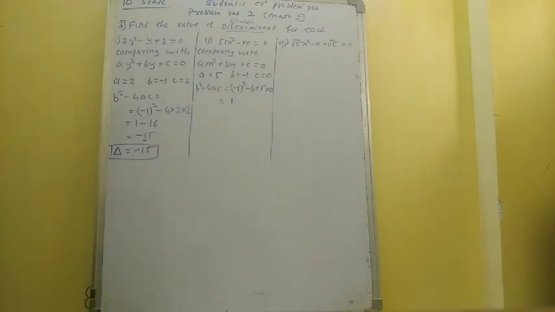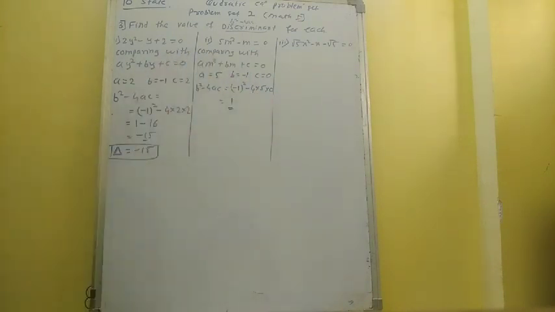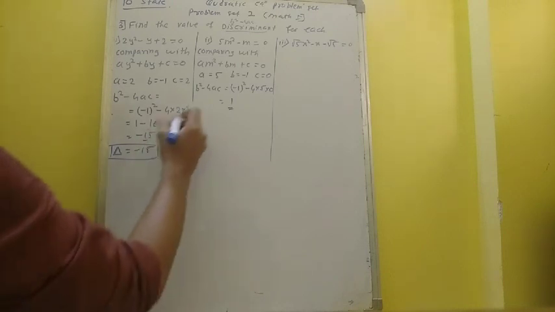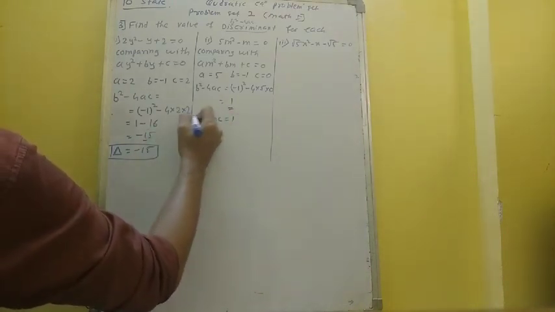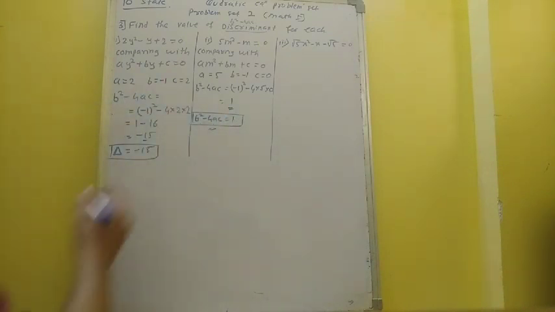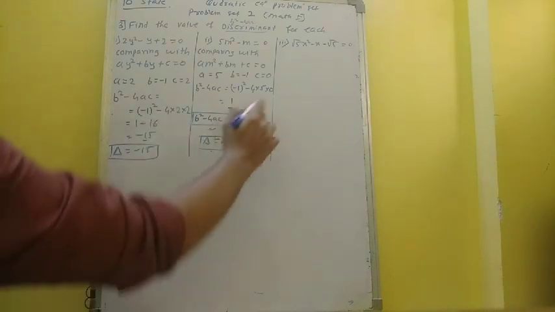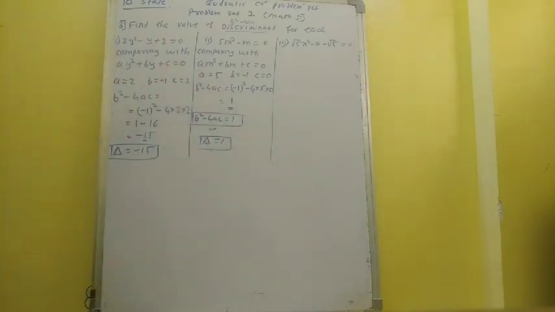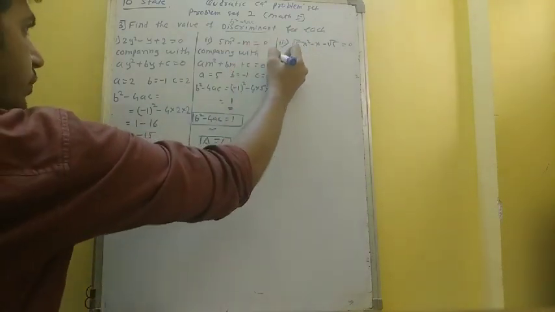Minus 1 square is 1, and this 0 multiplied by this will be 0. So b square minus 4ac is 1, or I can say delta is equal to 1. Any number multiplied by 0 is 0, so it is 1.